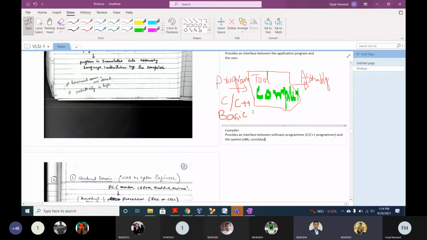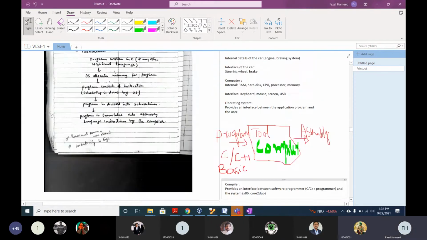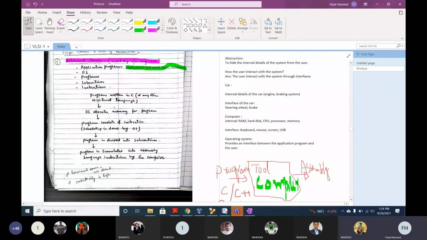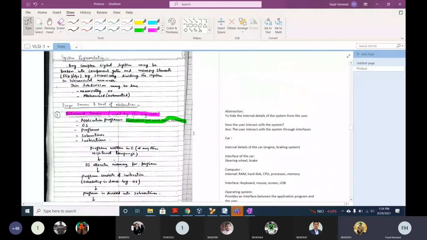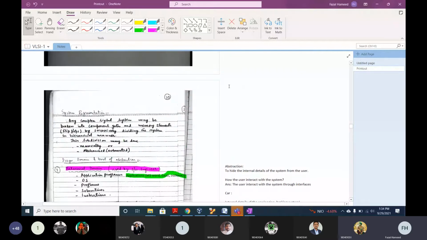Yes, sir. Okay. Now, in the behavioral domain, the description is written by the software programmer, and there are different levels of abstraction. There are two levels: a higher level of abstraction and a lower level of abstraction.